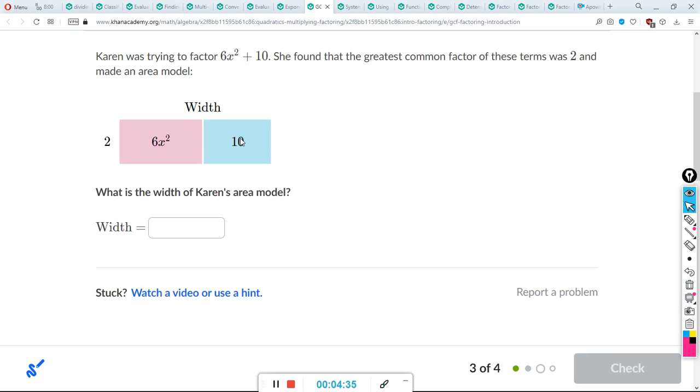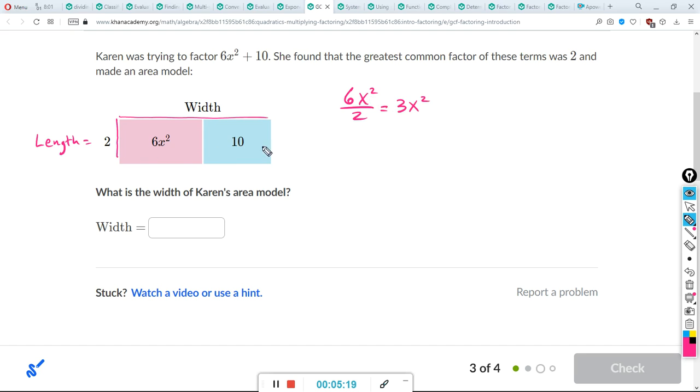Here we're looking for the width again. This here is the length, but they're not asking for the length because it's already given. And this here is the width. These numbers in the boxes are the area for the rectangle. We know area is length times width for a rectangle. So you just do each term divided by the length. 6x squared divided by 2: 6 divided by 2 is 3, and you still have x squared.